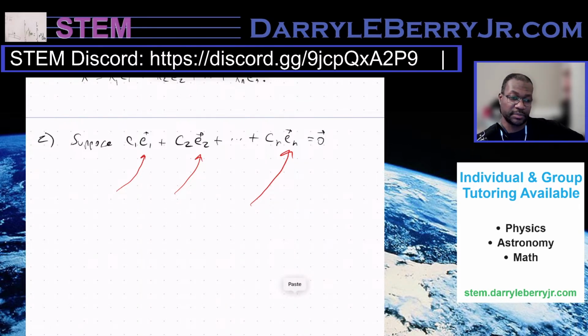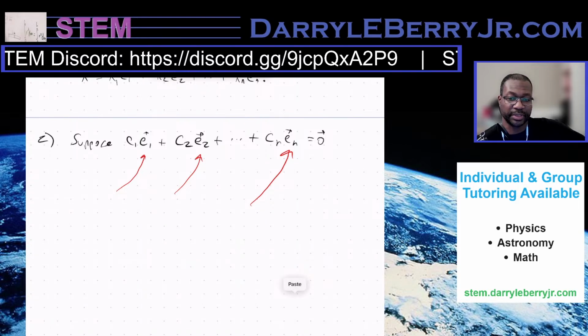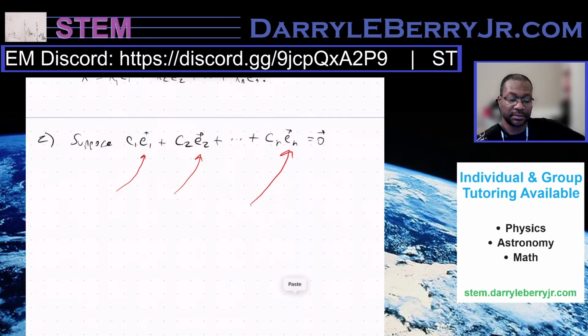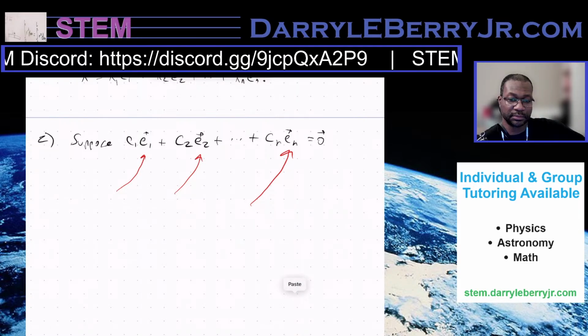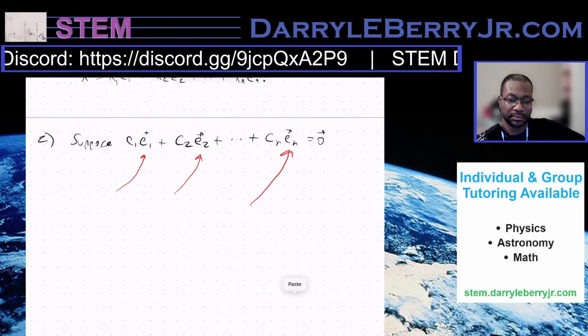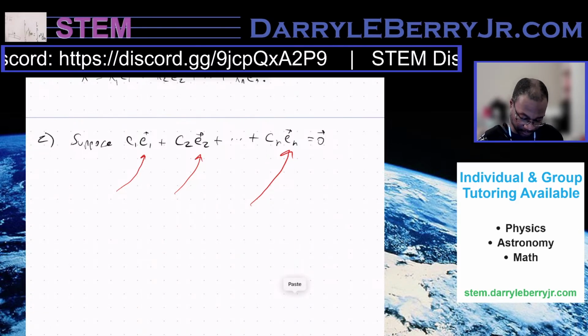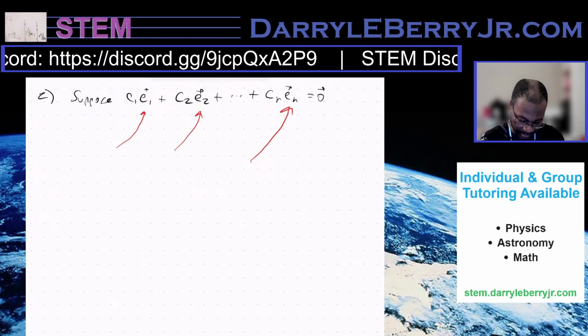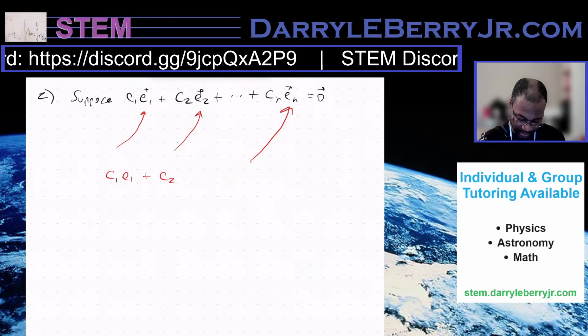Now, it does bring up the question: what if we have a situation where we have an even number, C1 E1 plus C2 E2?